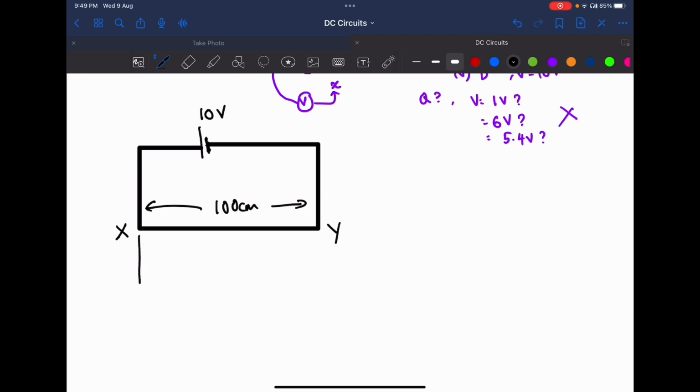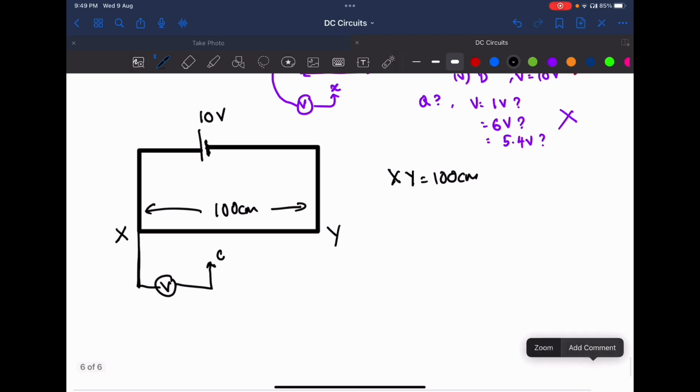And let's say I have a voltmeter, and this is connection C. Okay, so XY is 100 centimeters.